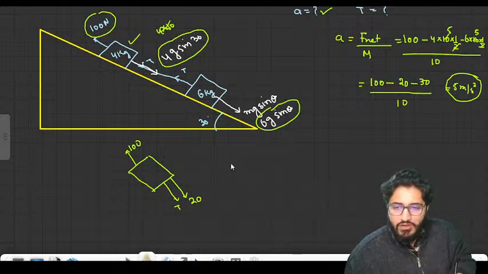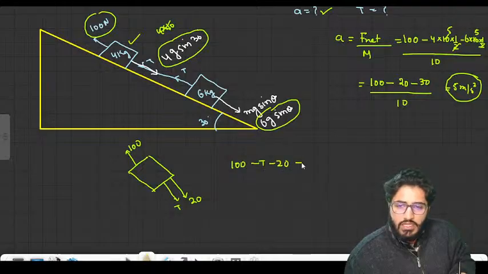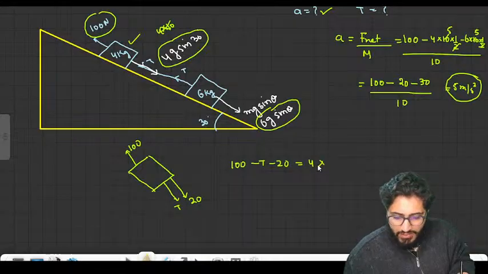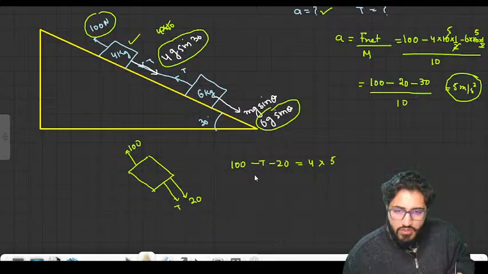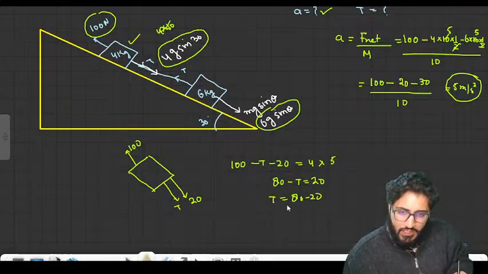So can I write now? It is 100 minus T minus 20 equals to mass into acceleration. Acceleration is 5, so it will be 4 into 5 is 20. T came out to be 100 minus 20 minus 20, T came out to be 60 Newton.